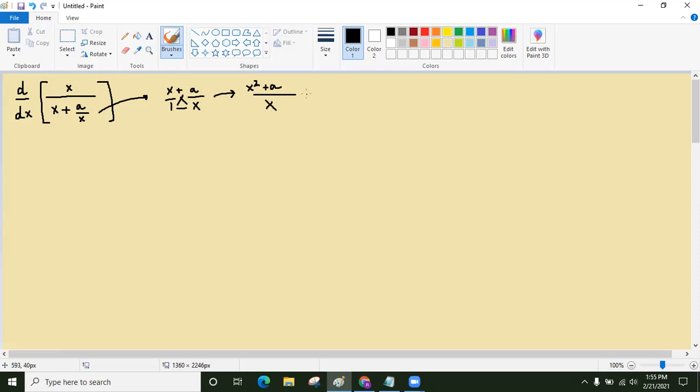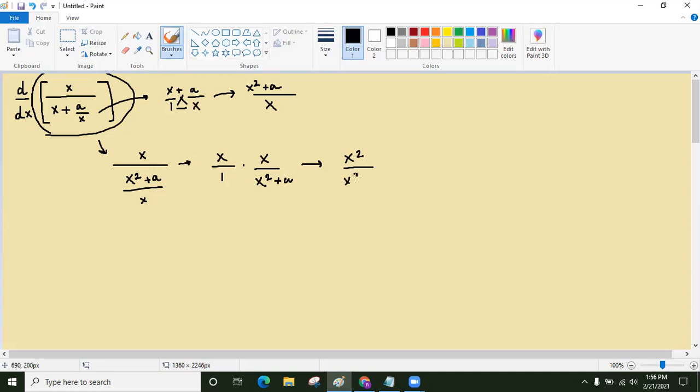We can essentially make this logical leap that taking the derivative of this is the same thing as taking the derivative of x over x squared plus a over x, which is the same thing as x over 1 multiplied by x over x squared plus a, which is the same thing as taking the derivative of x squared over x squared plus a.